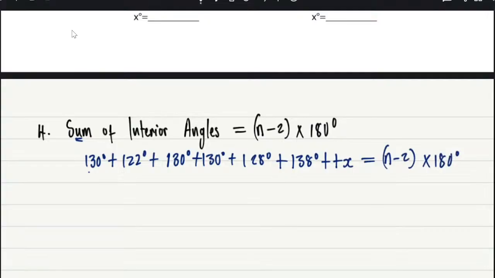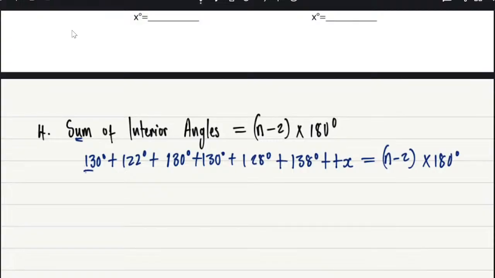Can you add them, please? All of these ones that are before x. What is the answer?